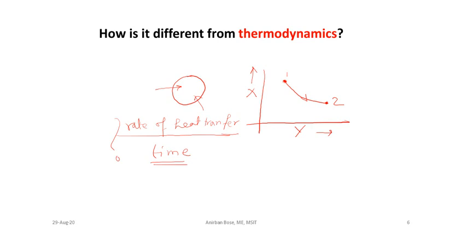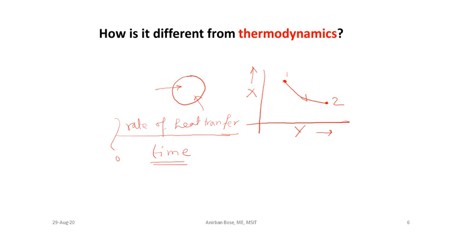So heat transfer is basically the extension of thermodynamics, where we are going to find out the rate of heat transfer. The basic difference between thermodynamics and heat transfer is that we are now in a position to find out the rate of heat transfer in this subject, heat transfer. But in case of thermodynamics, we did not actually calculate the rate of heat transfer.